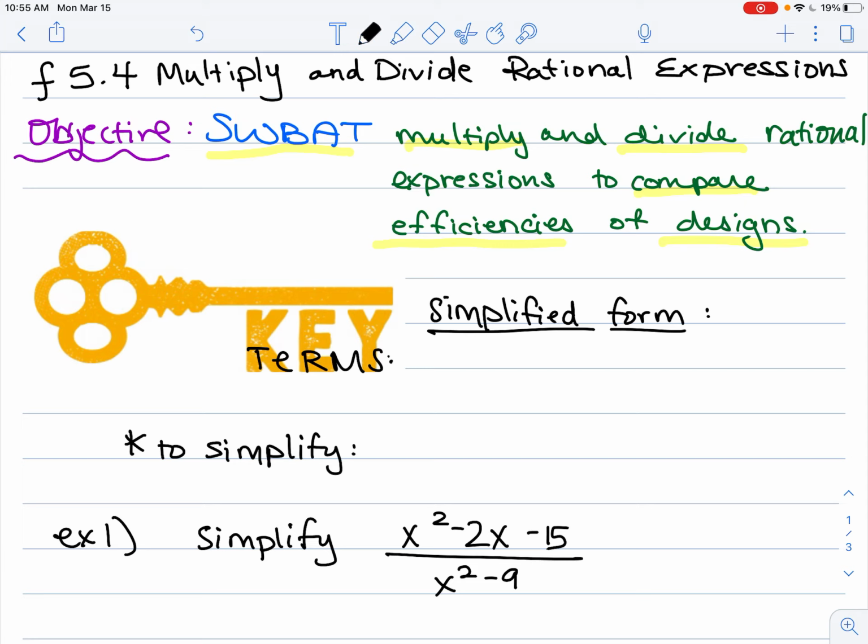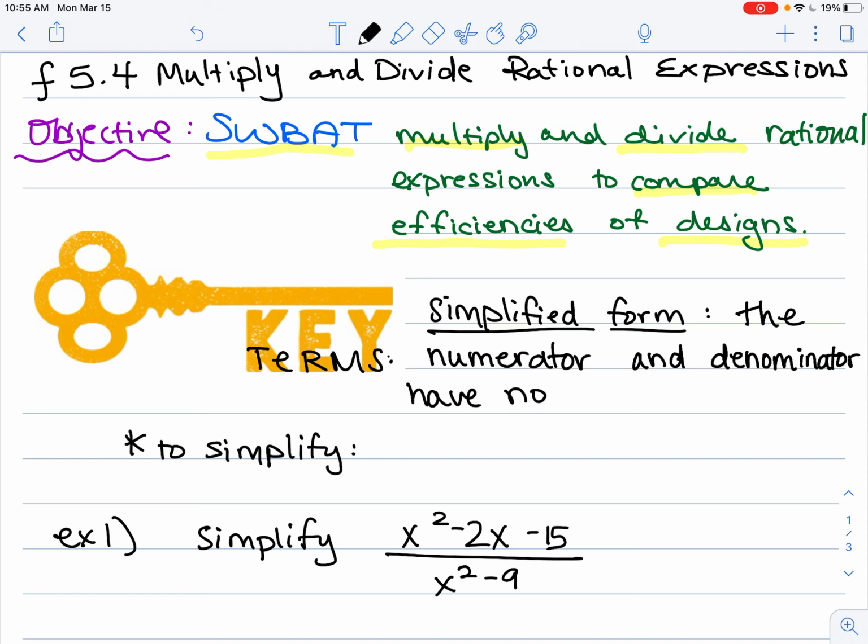So for today, let's go ahead and start with some key terms. The first key term is simplified form. Keep in mind, simplified form means that the numerator and denominator have no common factors, meaning they can't be divided by any same thing on top and bottom.